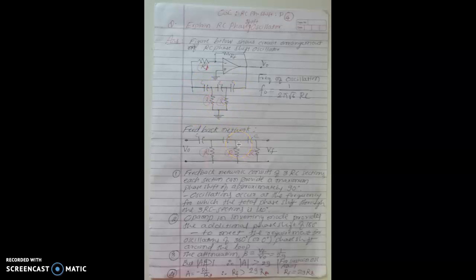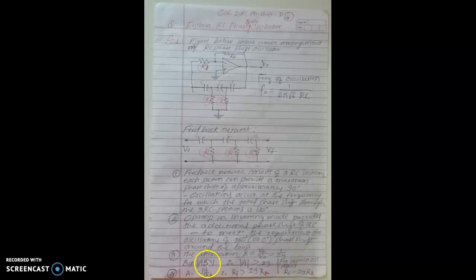The other thing we want is that A beta should be equal to 1, and we know that beta is equal to VF divided by V0. In the case of the RC phase shift oscillator, beta is 1 divided by 29.